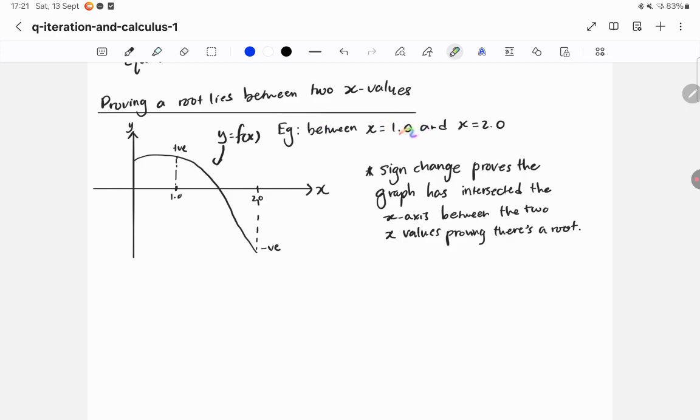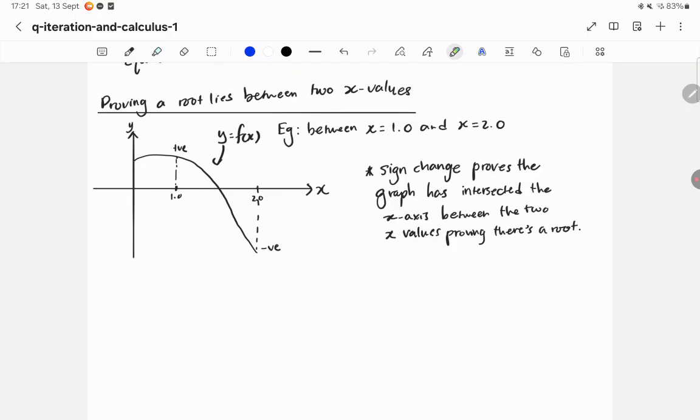We prove that by subbing the x value of the first limit that is given into the equation and finding the answer, and subbing the second value that is given, for example 2.0, into the equation to give us the next value.